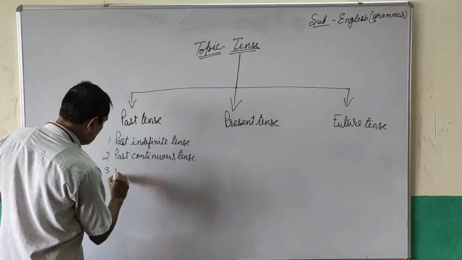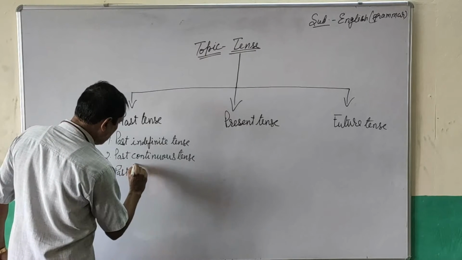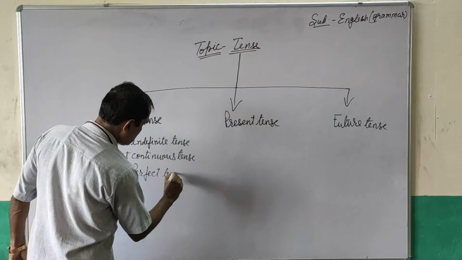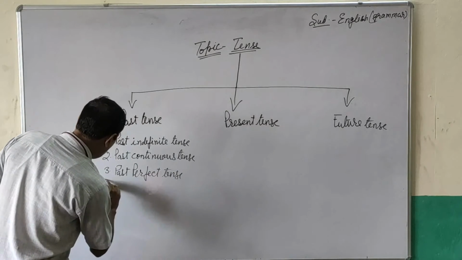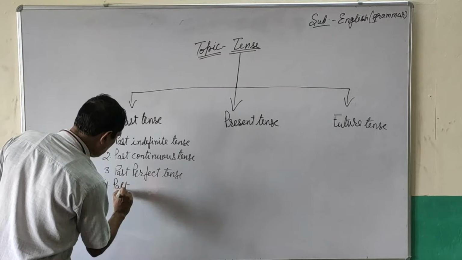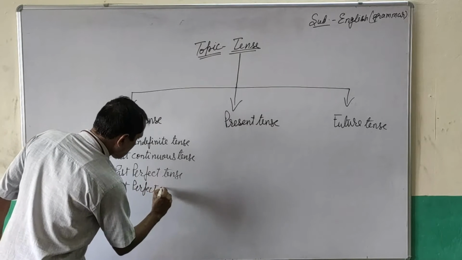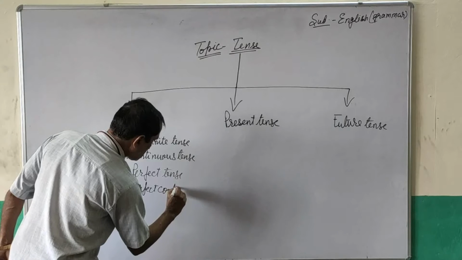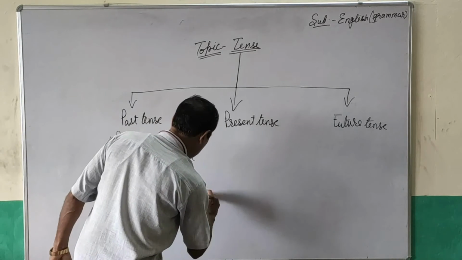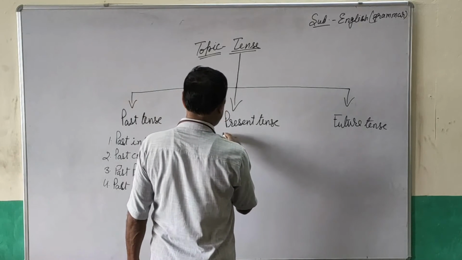Number three, past perfect tense. Number four, past perfect continuous tense.